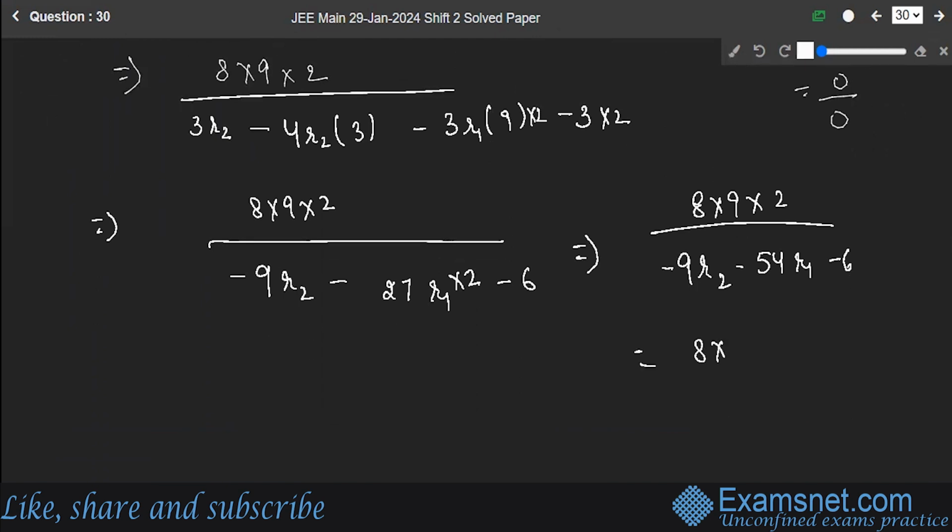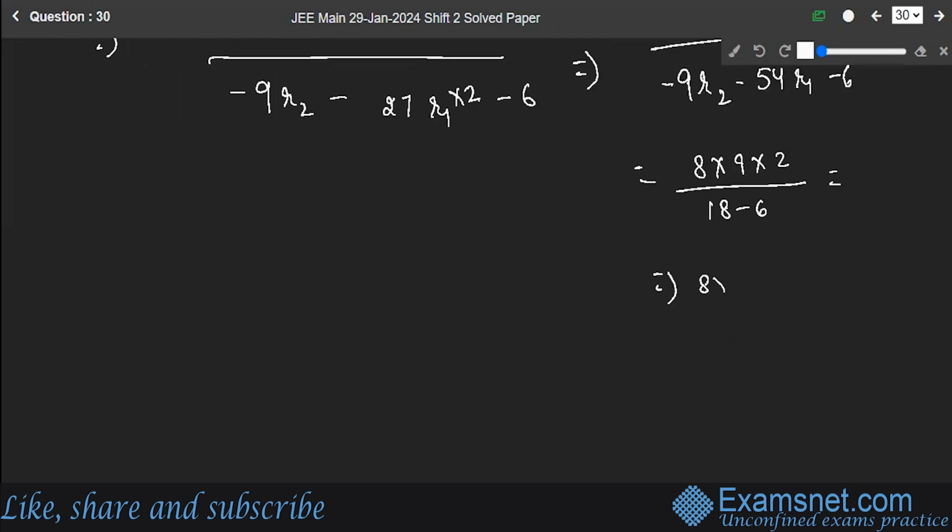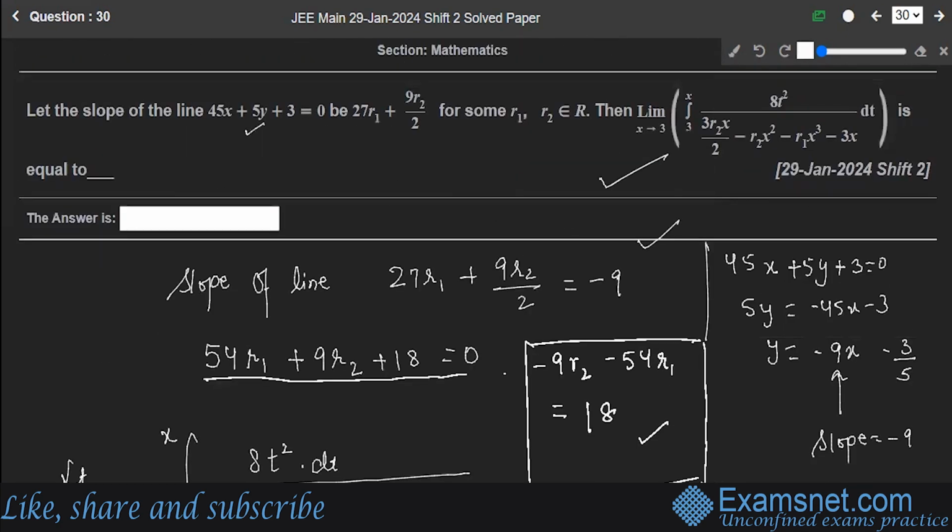So you have 8 into 9 into 2, and this was 18 minus 6, which is equal to 12. 8 into 9 into 2 upon 12. So you have 3, this will be 2, and this will go at 3 again, so you have 12 as your answer. Okay, so the answer to the question is 12.